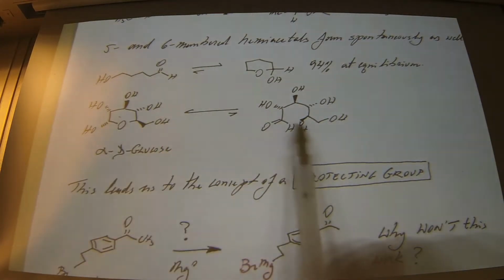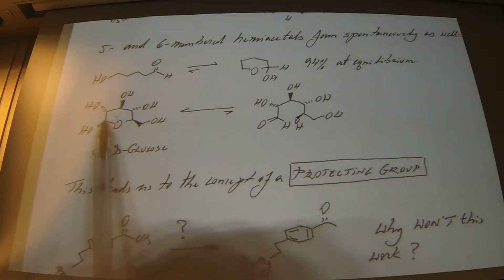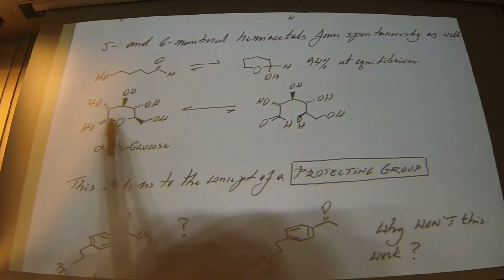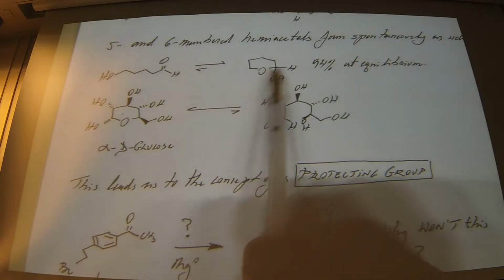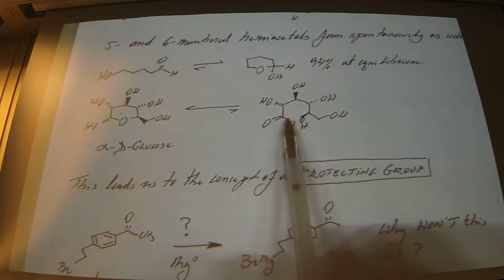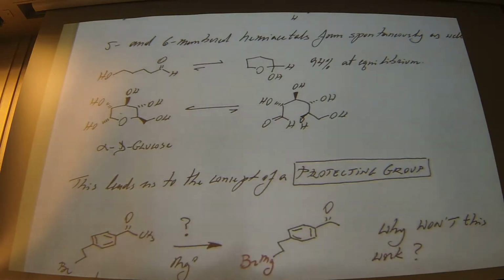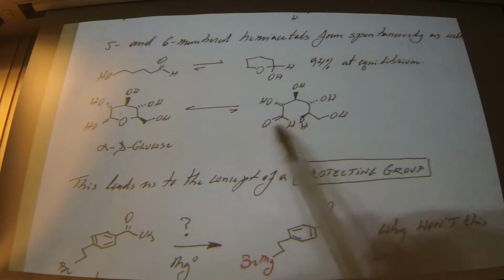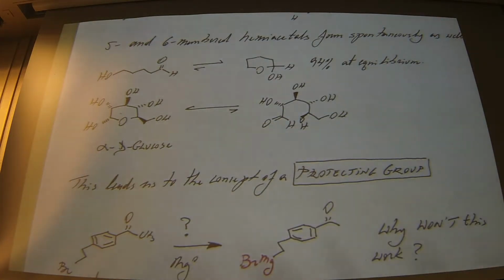And so these carbon atoms, this one right here, this one right there, are considered aldehyde equivalents. So this carbon atom and that one, even though it doesn't look like an aldehyde, actually it is. It reacts like an aldehyde. And so if I take, say, D-glucose and I treat it with sodium borohydride, I'll reduce this to an alcohol. That's what I mean by it's an aldehyde.